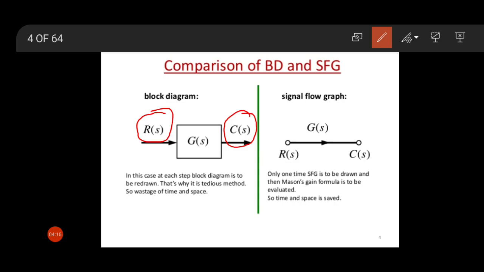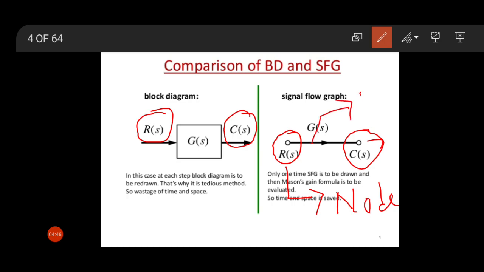See, in signal flow graph, this R(s) and C(s) are represented by dots. So R(s) is represented by this dot and C(s) is represented by this dot, and this dot is called a node. These two nodes are connected by this arrow, and this is called a branch.